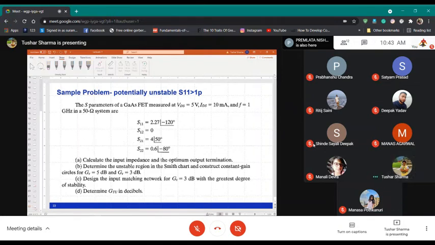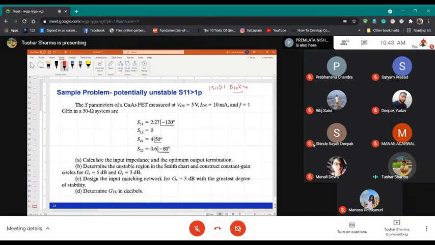So let me just write. We saw clearly the magnitude of S11 is greater than 1, and the magnitude of S22 is less than 1.